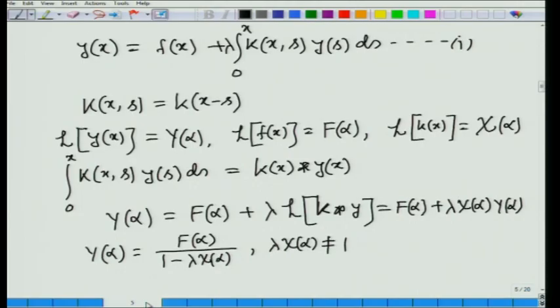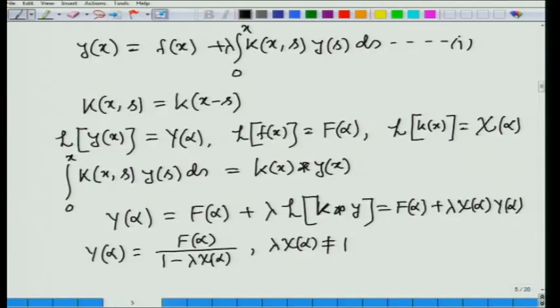And this Laplace transform method can be used to solve the Volterra integral equation of the first kind whenever the kernel k x comma s is of a special type, that is, it is a function of x minus s only.